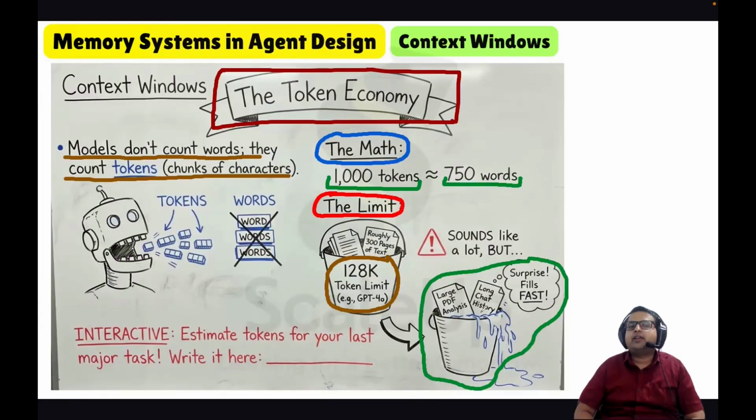So now it's very clear that for any large language model, the context window size is fixed and finite, and the API charges are based on tokens, not on words. For example, for GPT-4, the token limit is 128K. It means it can store 128K tokens, and if it tries to store more, overflow will occur. So this is what the token economy is.